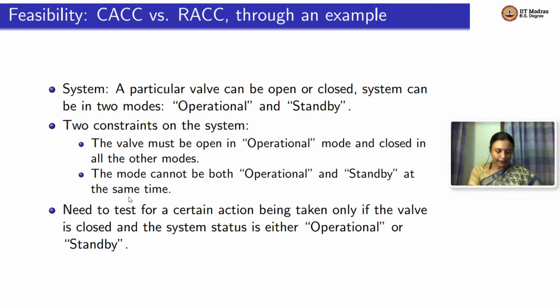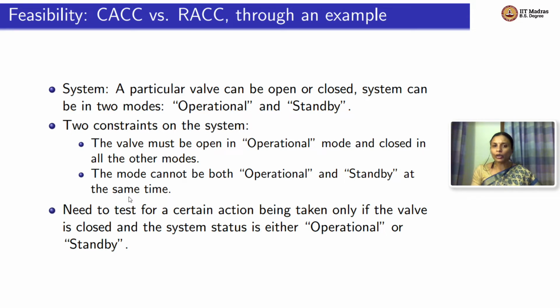So let's again take a particular system as an example and look at a particular valve in a system very similar to the reactor system. The valve can be open or closed, and the system can be in two different modes of operation: normal mode, or when the system is operational, and standby mode, maybe when the system is temporarily waiting or paused. So this particular valve can be open or closed, and a particular system can be in two modes, operational and standby.